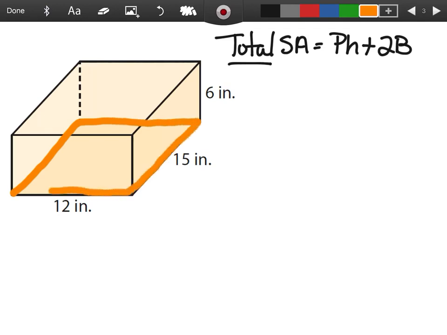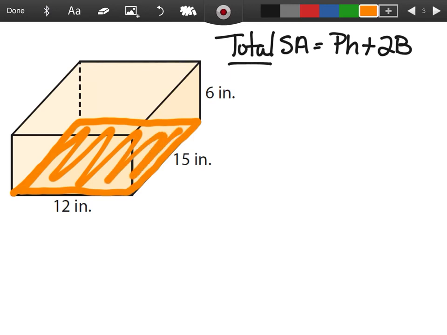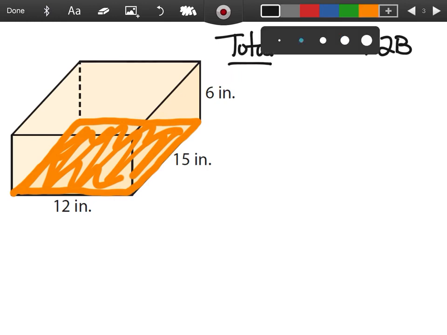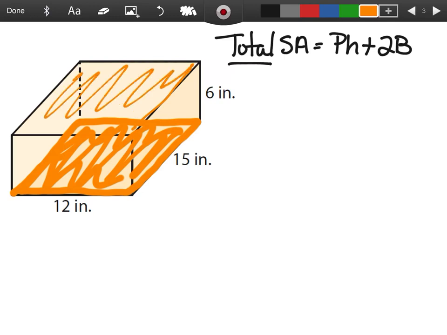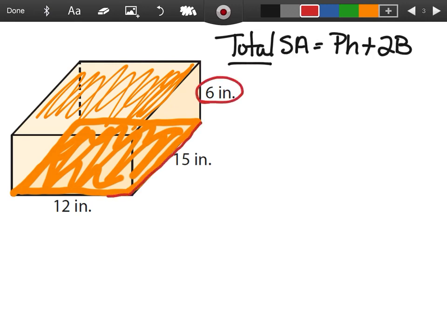I know the height of my entire figure is the distance between my two bases. That distance is this 6, because the 15 and the 12 connect to my base, and the 6 is my height.